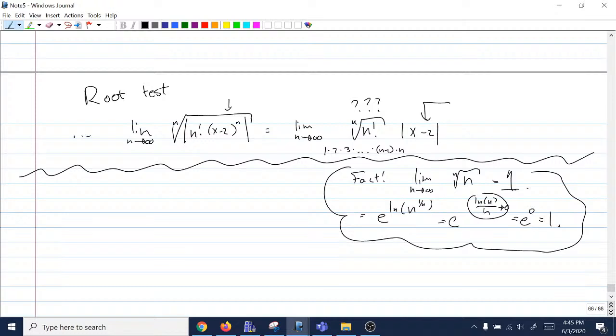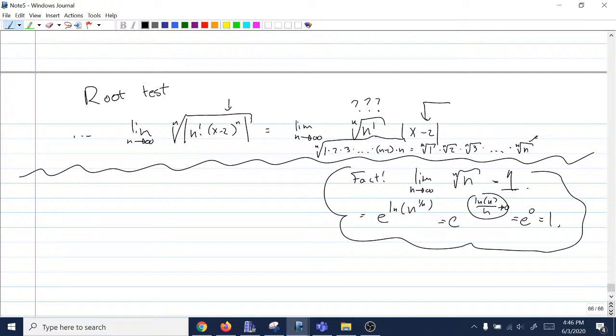This thing shows up often enough in these classes that you want that fact on the tip of your tongue, and you're allowed to use that fact without justifying it, because doing the L'Hopital's rule inside the exponent is gross. When I have the nth root of n factorial, I'm thinking about the nth root of 1 times the nth root of 2 times the nth root of 3 times dot dot dot times the nth root of n.